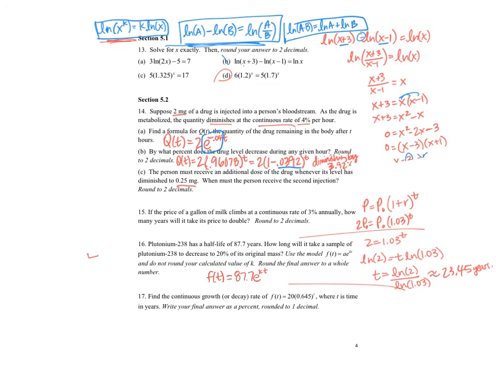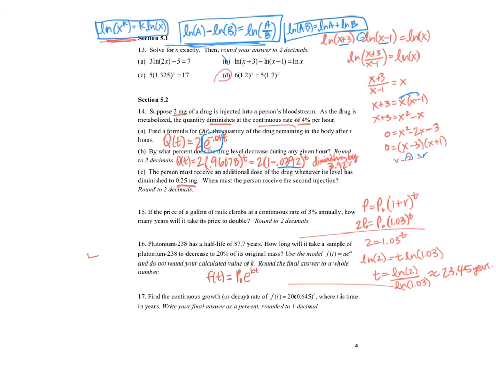But I do know that the half-life is 87.7 years. Oh, whoops, that's the half-life. I don't know what the original mass is, actually. So that's not right. So we'll just say that's P naught e to the kt. Okay, so I don't have any information here to fill in yet.